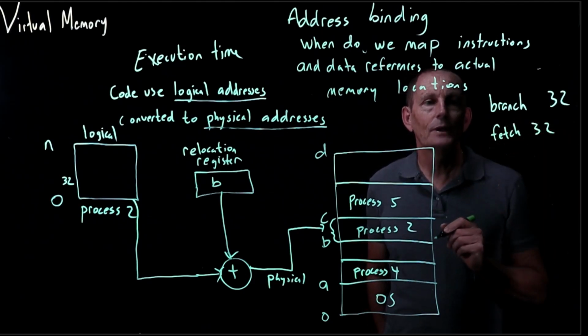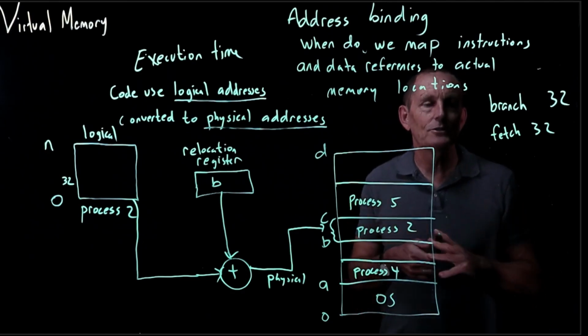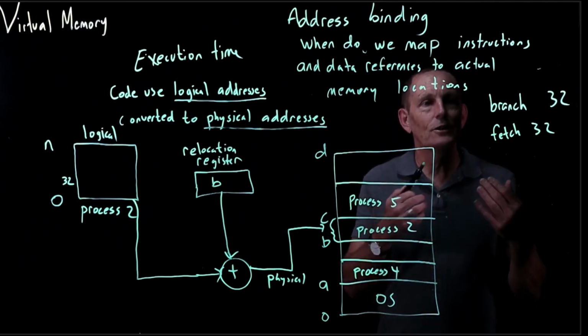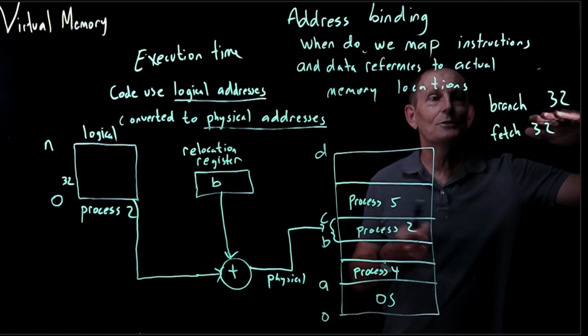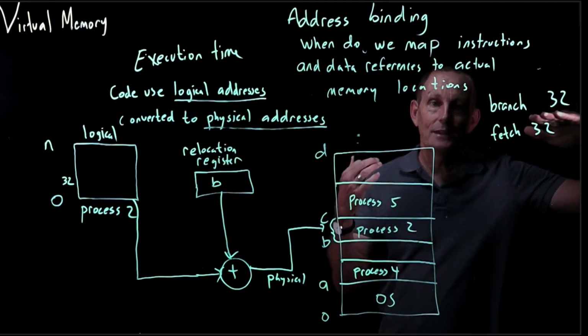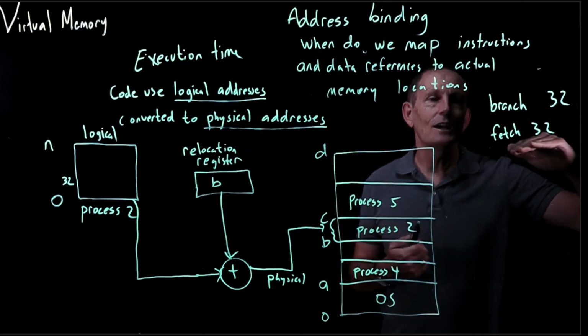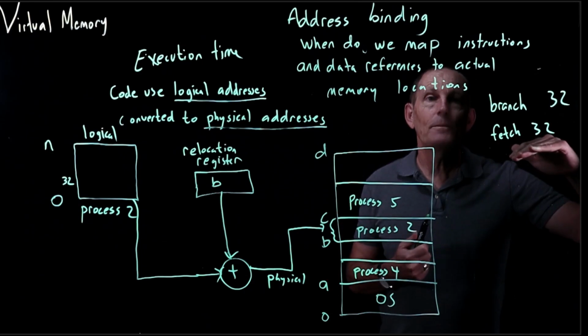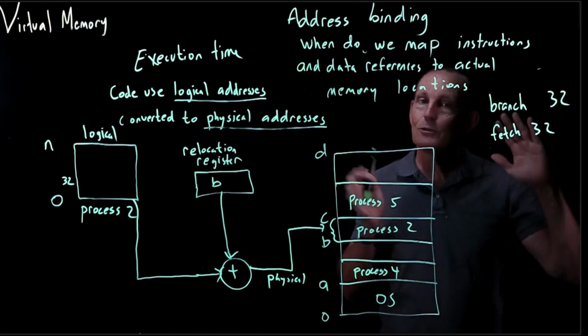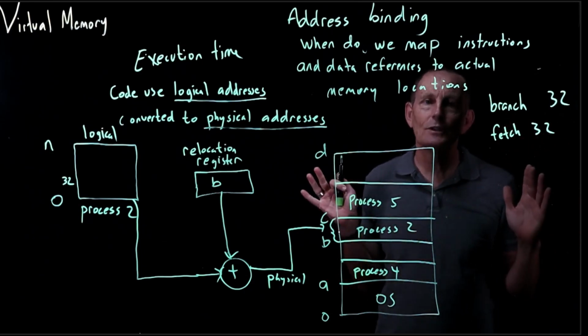Because that's what the processor does: it does a fetch, decode, execute, and the execution of this is to update the instruction pointer, and then the next fetch fetches whatever's at that instruction pointer. So it's going to fetch from address 32. That's what the processor is thinking, address 32.